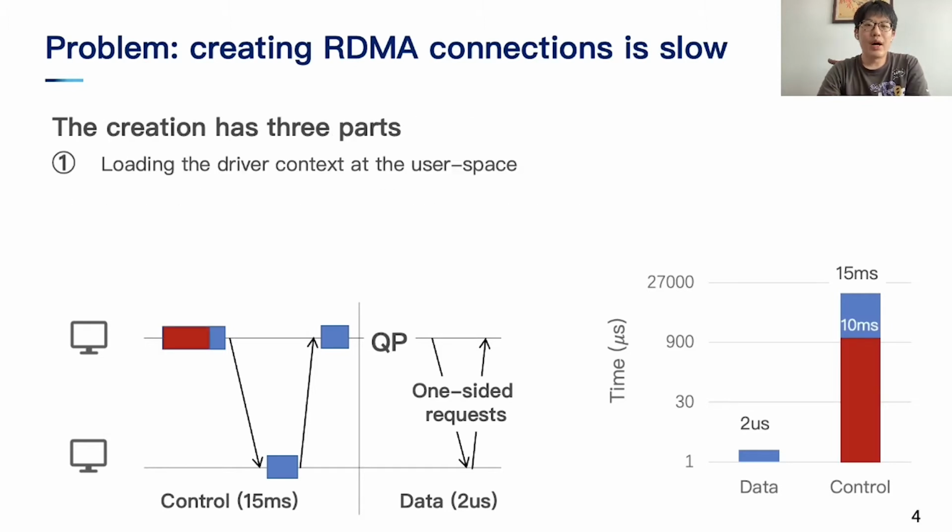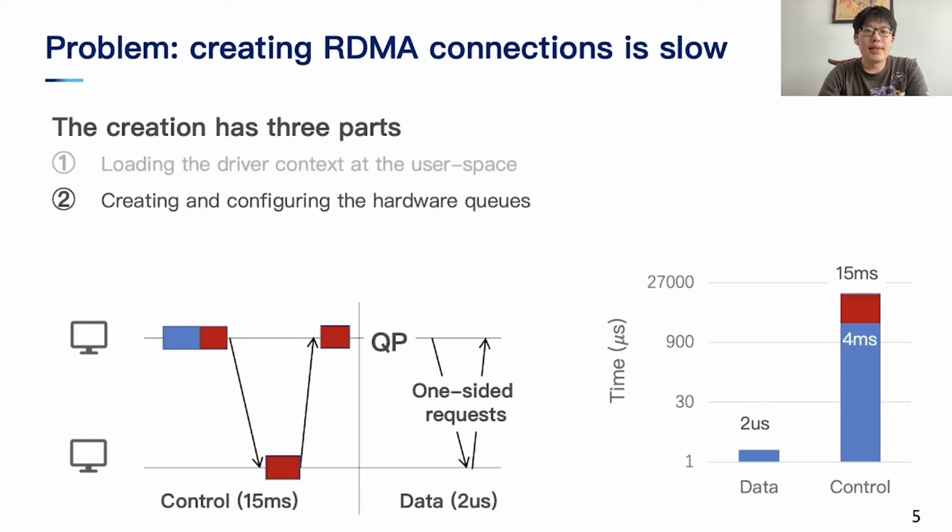More specifically, the RDMA control connection creation time can be decomposed into 3 parts. First, loading the driver context, which includes querying device status and creating the protection domain. Second, the application must create hardware queues, both at the client and at the server. And we need to connect these queues by configuring them to appropriate states.